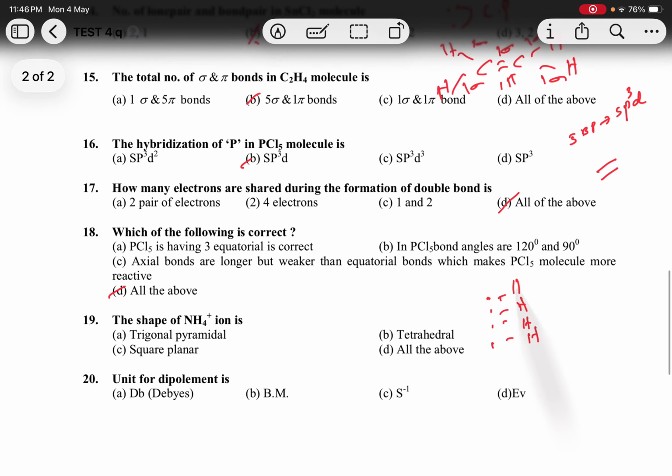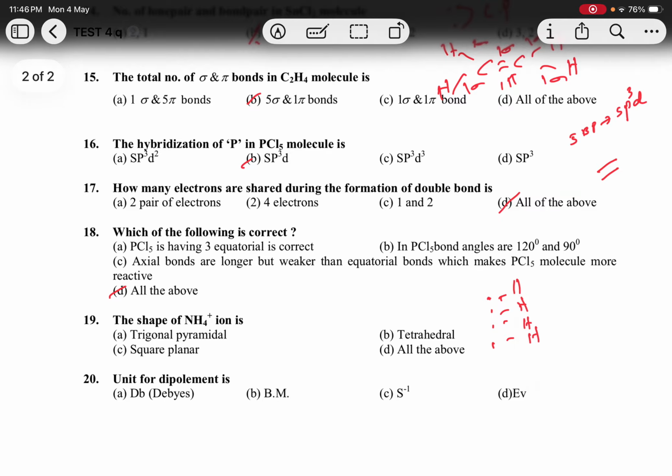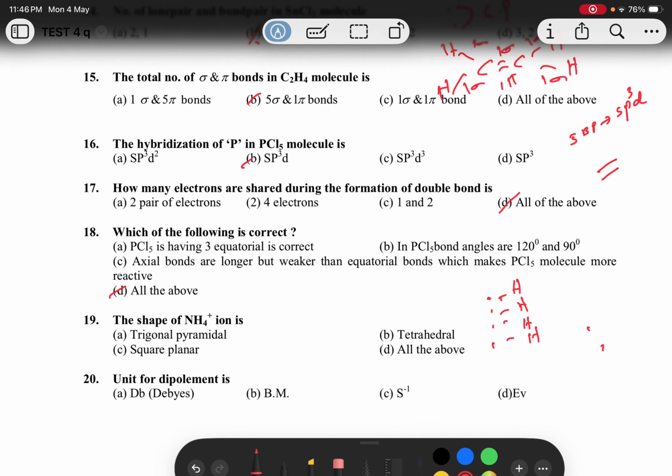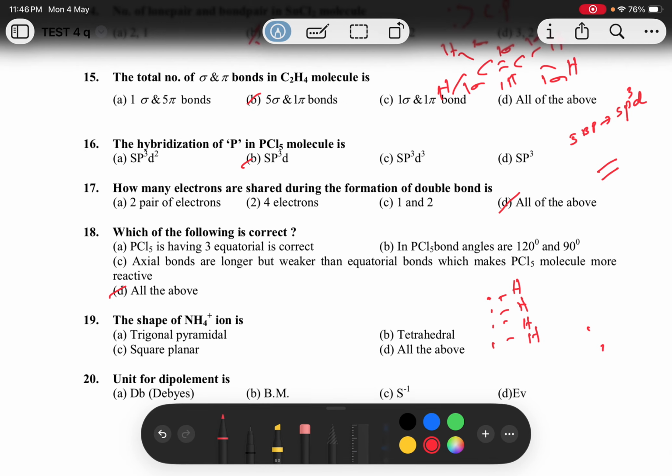So total bond pairs of electrons are 4, so it undergoes sp3 hybridization. sp3 hybridization without lone pairs means the structure is tetrahedral. In the given options: trigonal pyramidal, tetrahedral, square planar, all the above. So option B is the correct one.